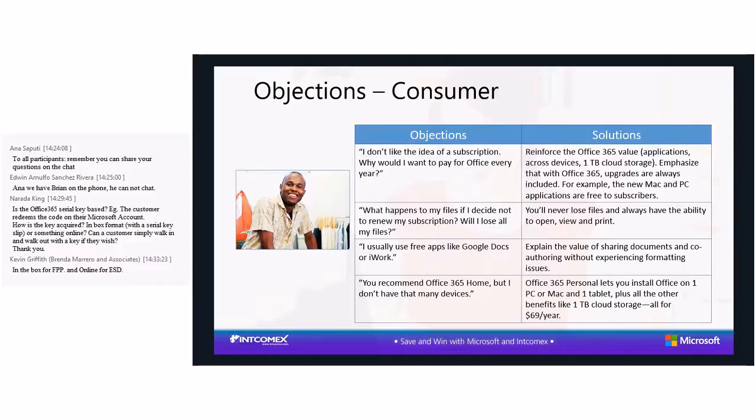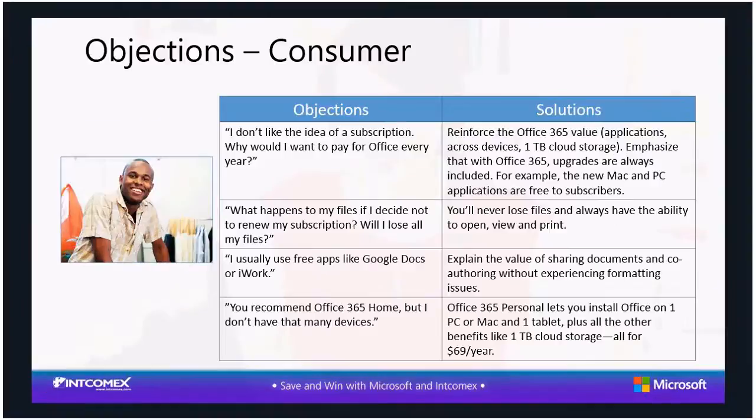We have services. We are including 1 terabyte of cloud storage a year. When we compare this to iCloud or other cloud-based solutions, we are adding more value, because for the price we're giving the customers, including the applications and the cloud storage is a very nice value for the money. And on top of that, we always give you the latest version of Office.